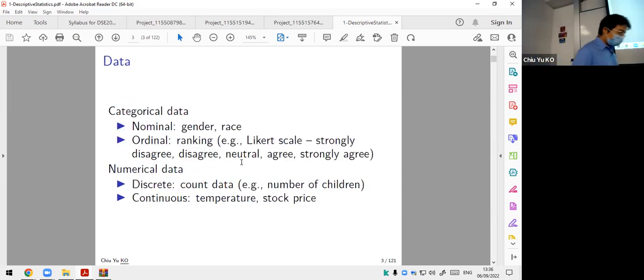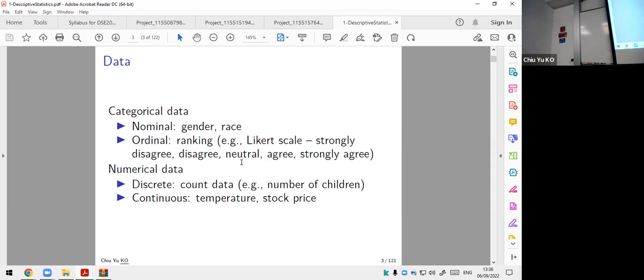Just a definition, and it will be important as well, is to distinguish our data. I have to emphasize that you have to know this very well about your data, because some of the methods don't apply for some data. It will become clearer what I mean by that.